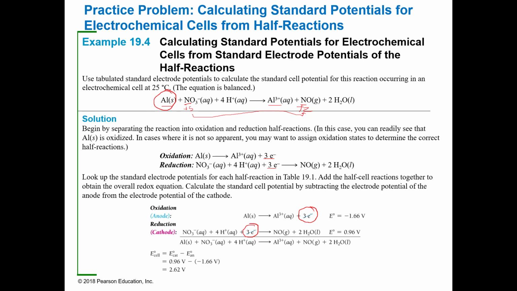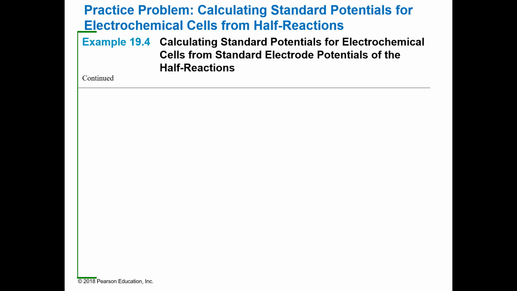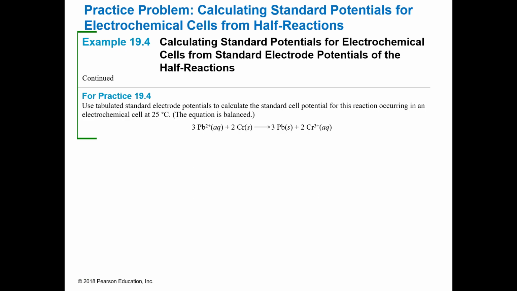So a positive standard cell potential, 2.62 volts, tells me this reaction is spontaneous. This is a voltaic or galvanic cell. That's what you've got to get out of that. Look at the table, and then there's another practice for you.